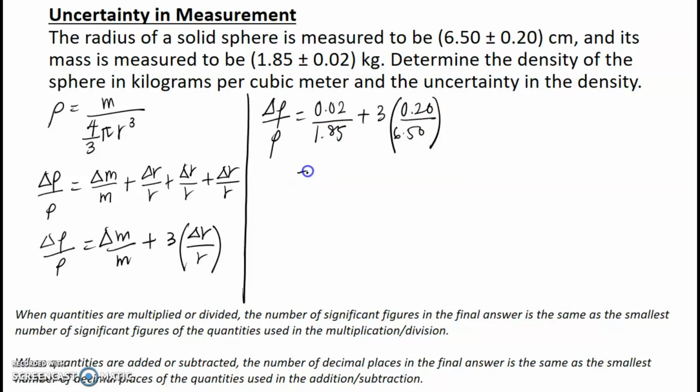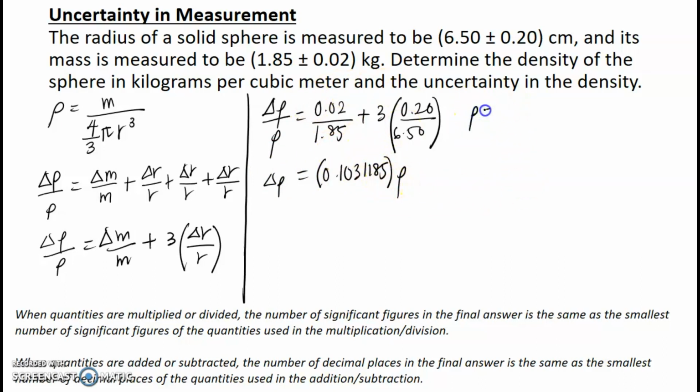The value for the fractional error here will be equal to 0.1031185, and then I'm going to multiply the density with this fractional error.